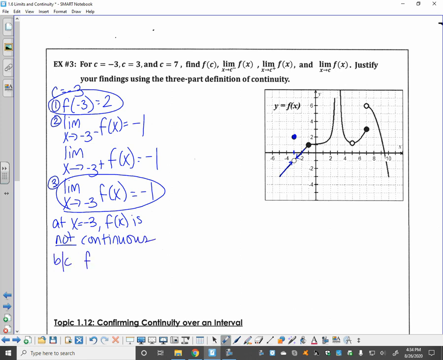Because f of -3 does not equal the limit as x approaches -3 of f of x. It's hard to talk and write that at the same time. Okay, so this is your conclusion.